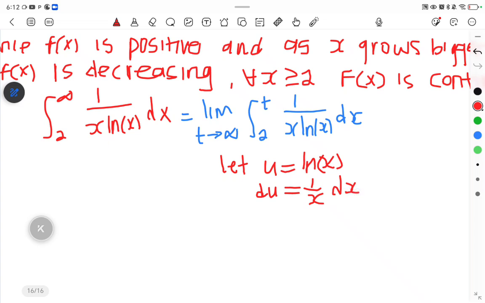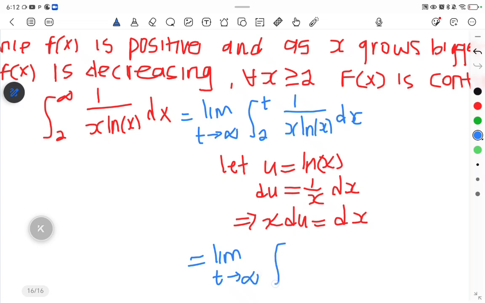Then I realize that this will imply that x du is equal to dx. From here, we know this will be the limit as t approaches infinity of the integral from 2 to t of 1 over x u, x du.